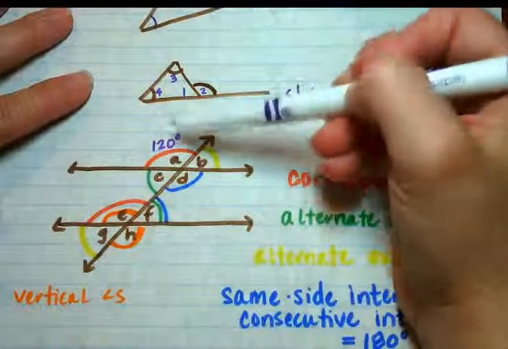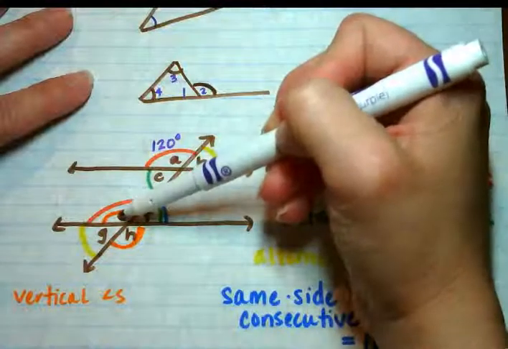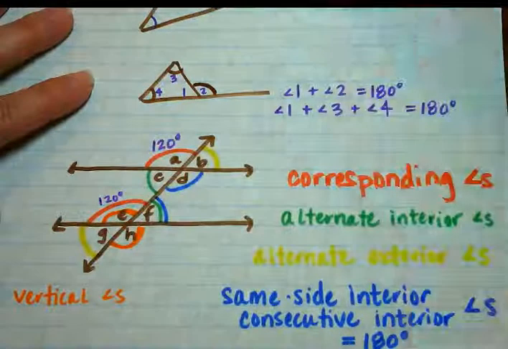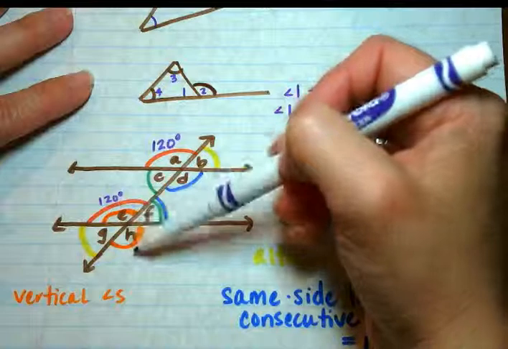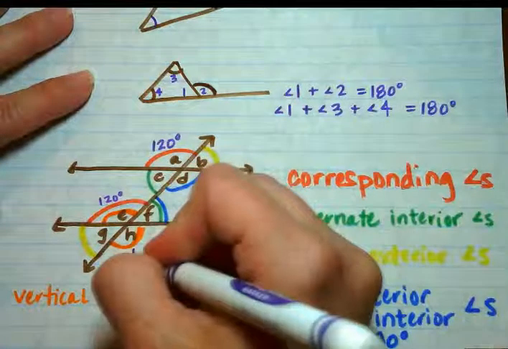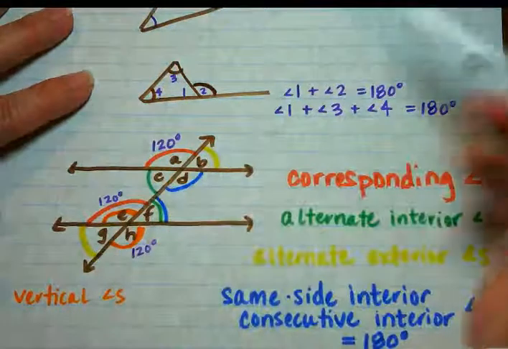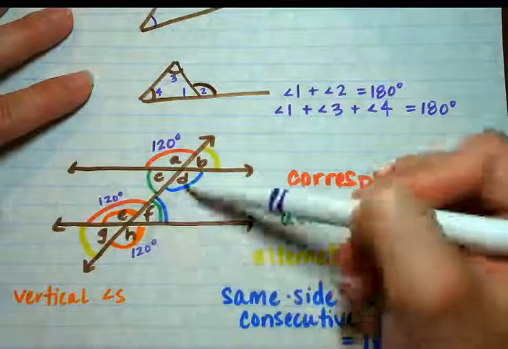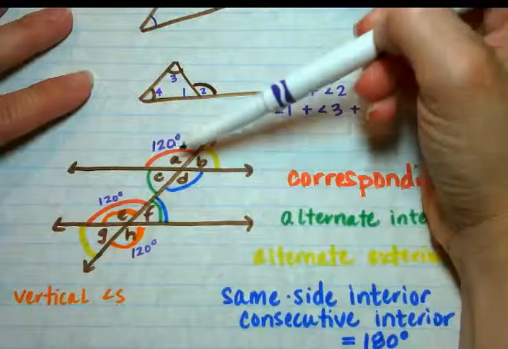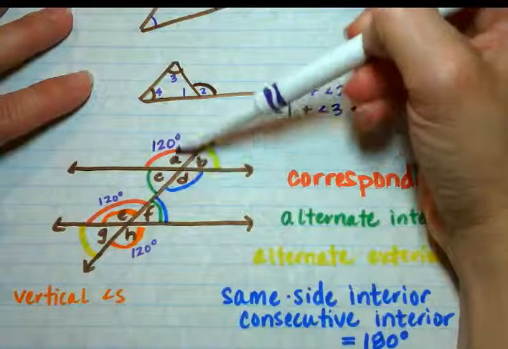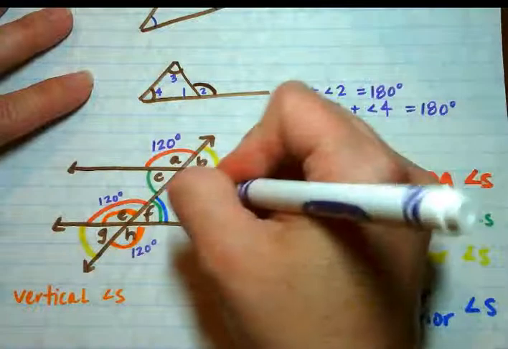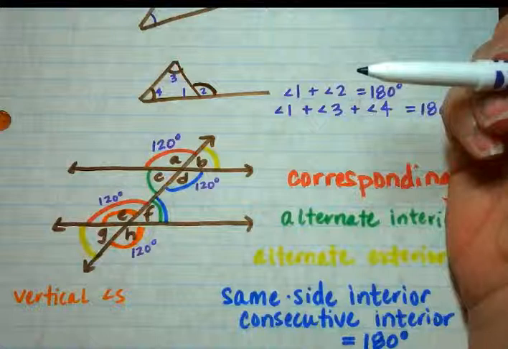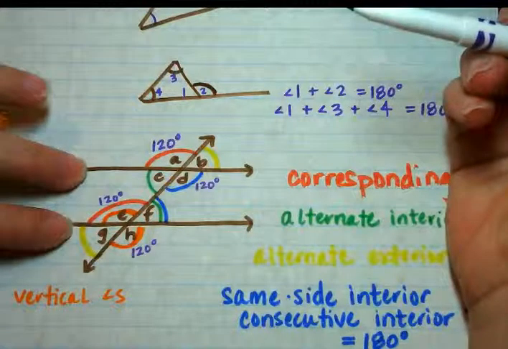The reason is because A and E are corresponding angles, so that means they're the same measurement. I know that E and H are vertical angles, so they are the same measurement. And then I know H and D are corresponding angles, so they're that same measurement. I could also have said that A and D are vertical angles, so they're the same measurement. But in the end, all of the obtuse angles are the same degree. And that only happens because these lines are parallel.